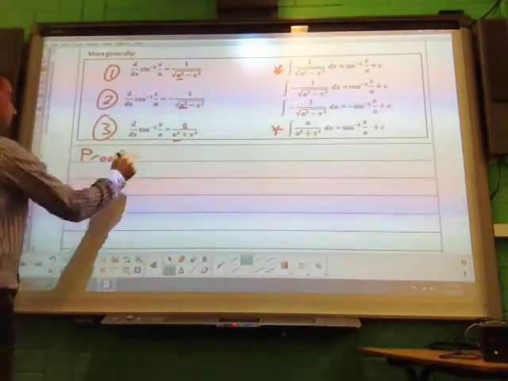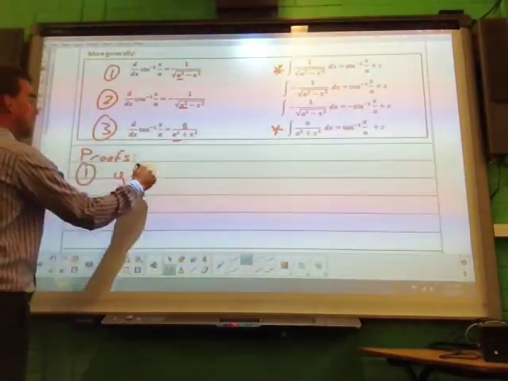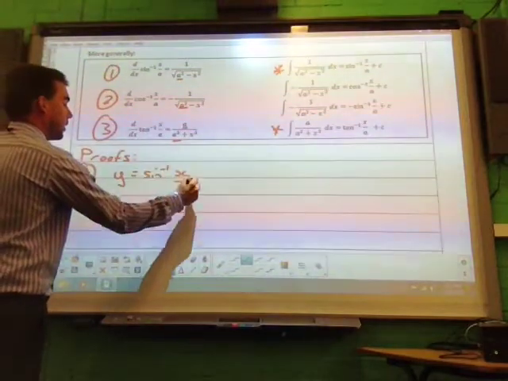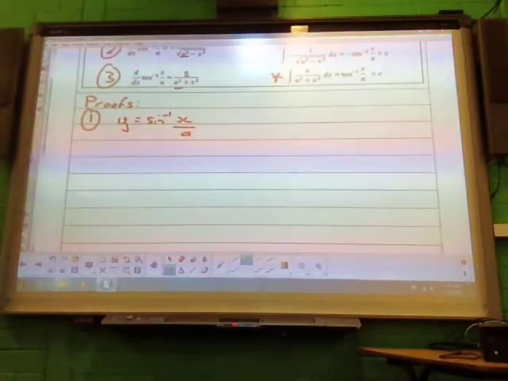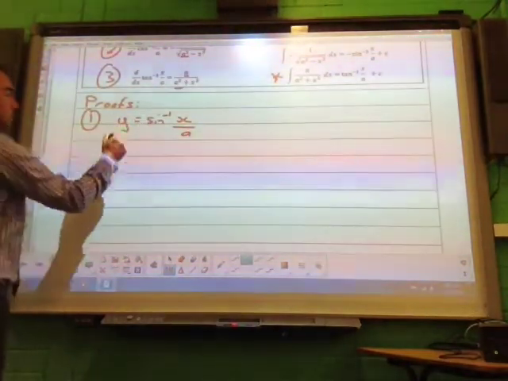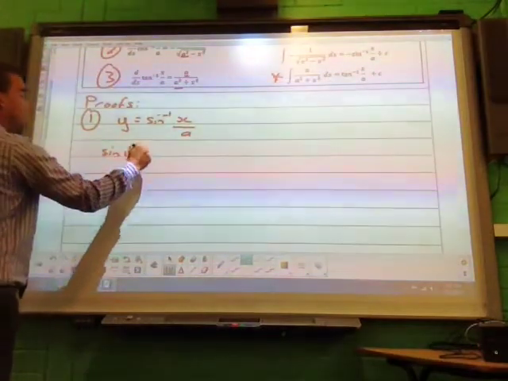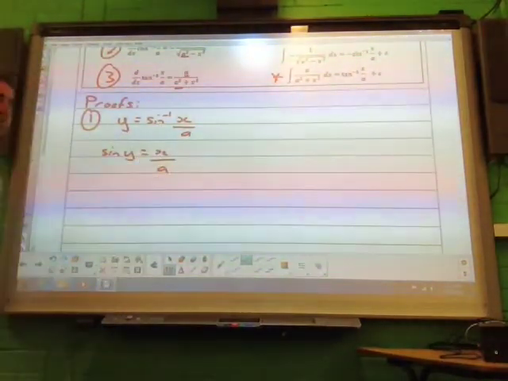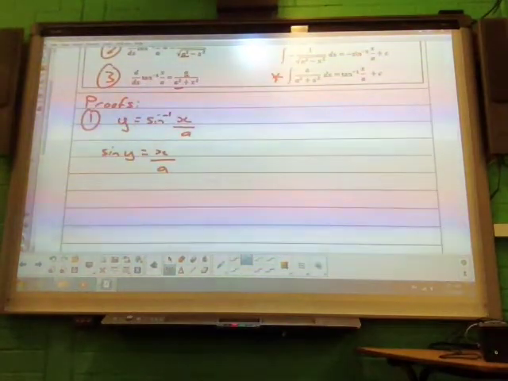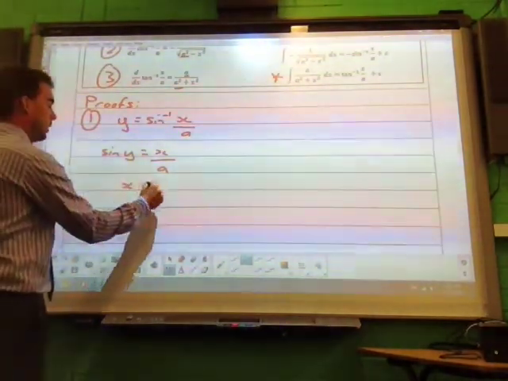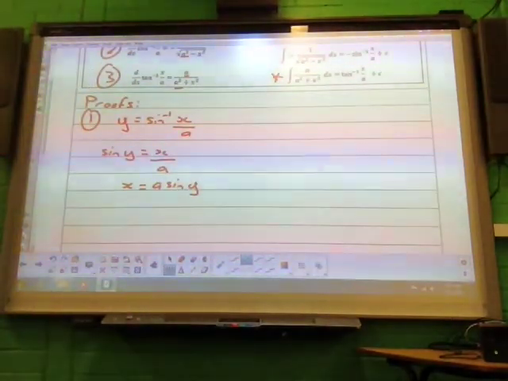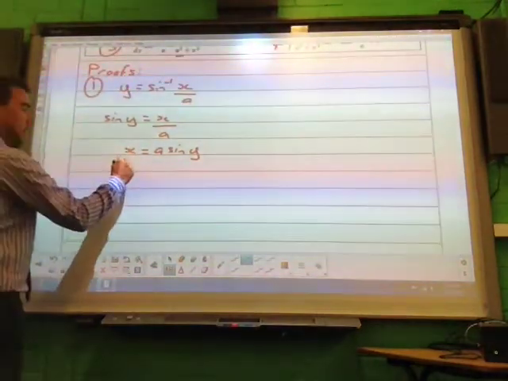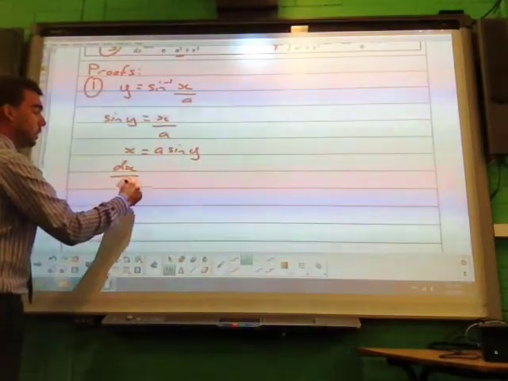Right, so number 1. Let's say y is sine inverse of x over a. By definition, moving that back over the other side, it becomes sine of y is equal to x over a. So x equals a sine of y. Now differentiate x with respect to y.